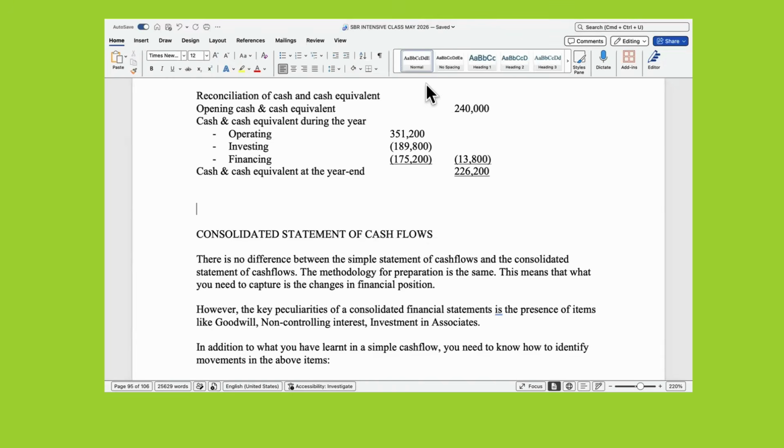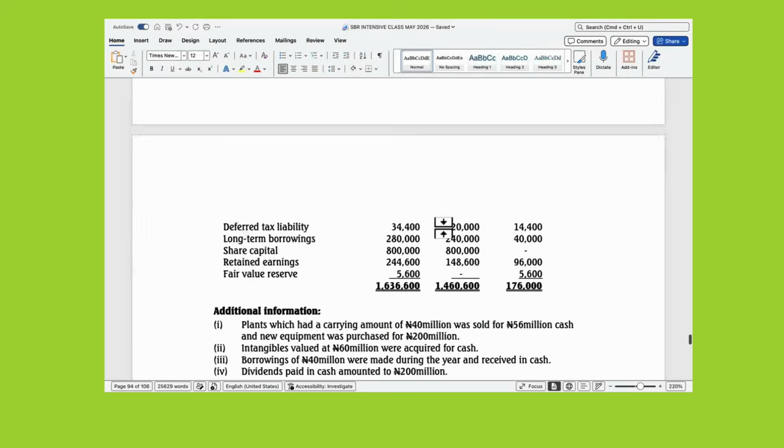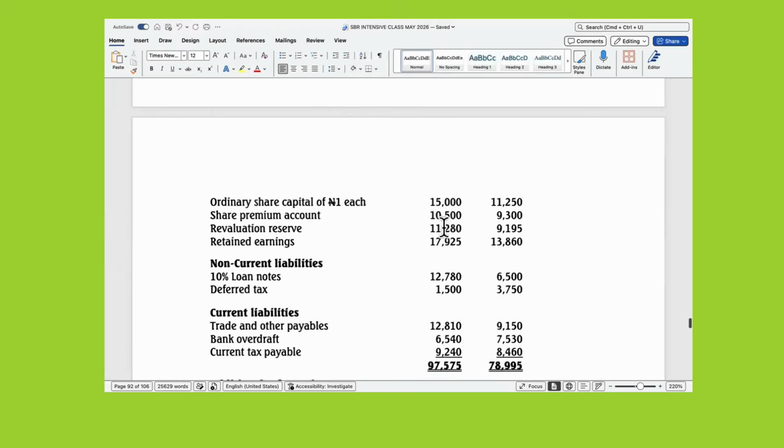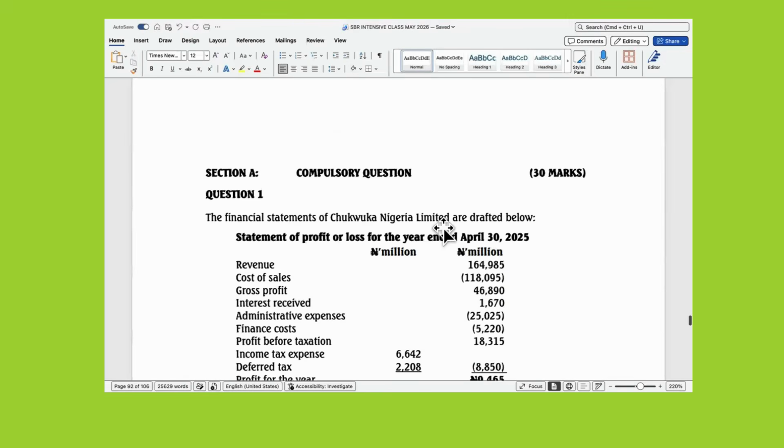As soon as you capture all of that, then you're good. And that's what I would do for you today. So before I jump to this consolidated statement of cash flows, let me show you how I apply those movements in position.